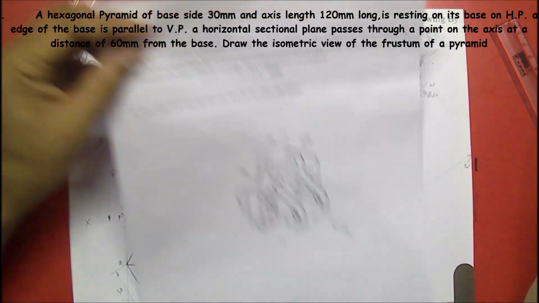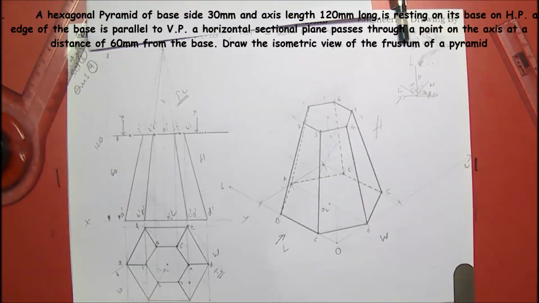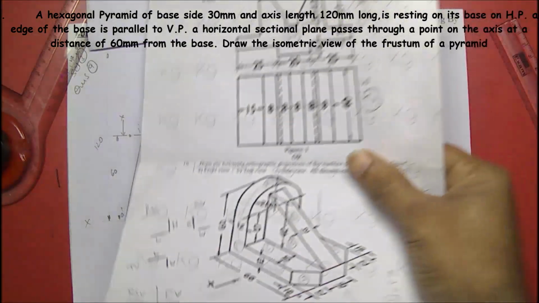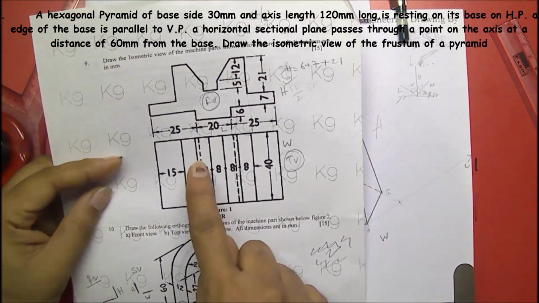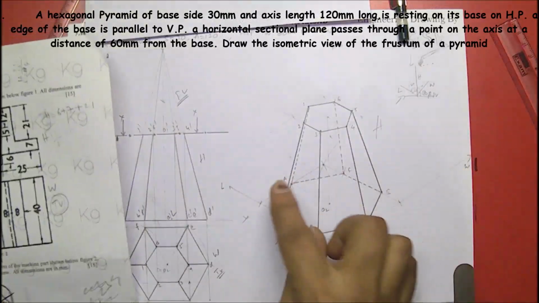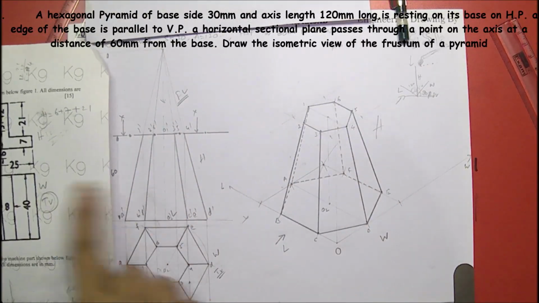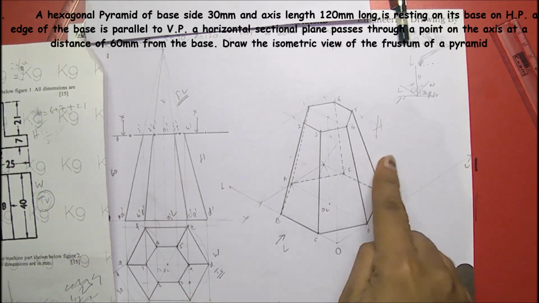For other types of questions, let me show you. Okay, for these type of questions, this is orthographic projection, and from this orthographic projection you can directly produce isometric, means this is orthographic projection question and this is answer.